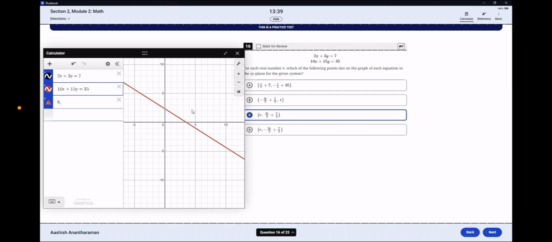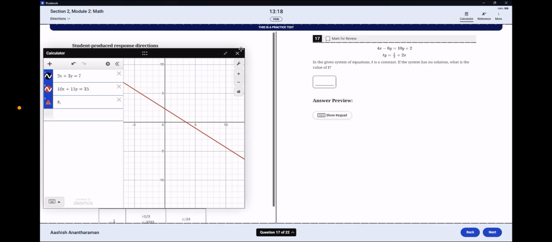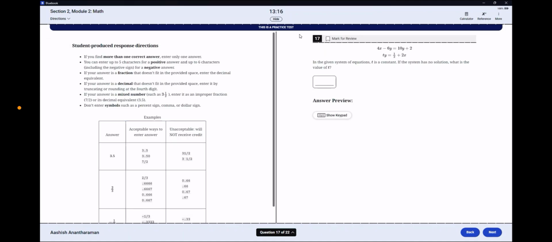If r is 3, negative 3 times 3 is negative 9 halves plus 7 halves, negative 2 halves, negative 1, 3. Is negative 1, 3 on here? Yeah. Okay. So that's a point that's going to be on here. So the answer is going to be B. I'm going to speed up because we don't have much time.